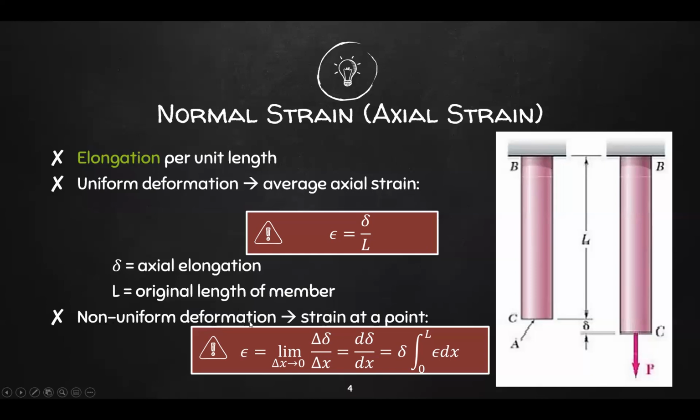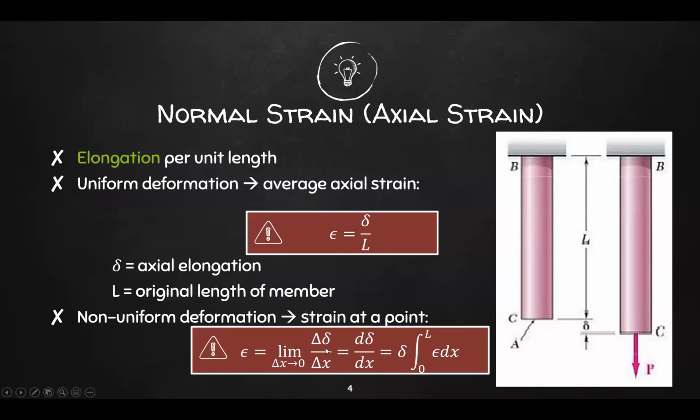If we have non-uniform deformation, what we solve for is strain at a point. Because for this, okay, strain experienced by your object is different along the parts of the object itself. That's why instead of average, we're looking for strain at a specific point. And because of that, we're going to employ integral calculus in solving for that strain. So strain is the limit of your change in deformation over change in length as your change in length approaches 0.